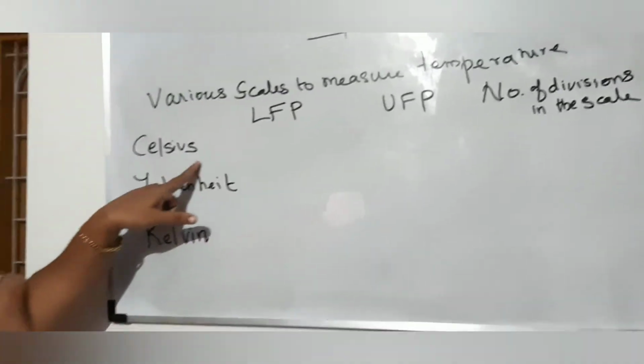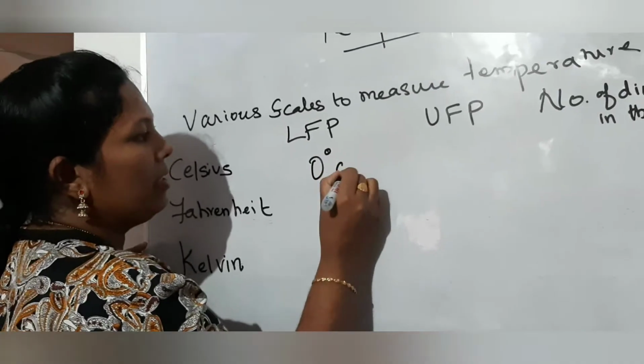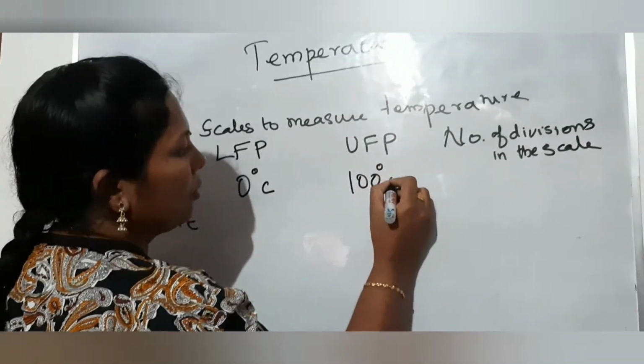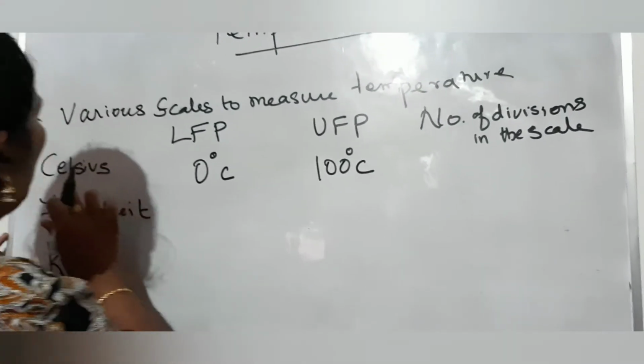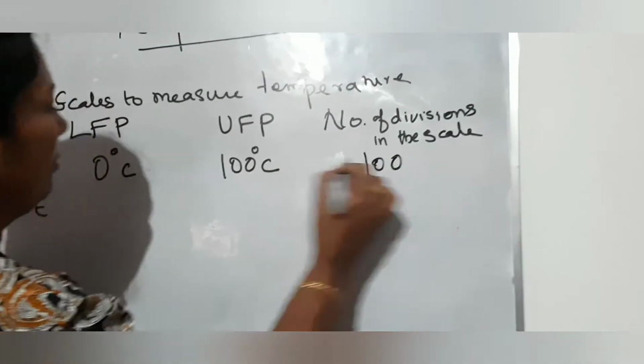What is the LFP for Celsius scale? That is 0 degrees C. UFP is 100 degrees C. That is the boiling point of water. The number of divisions in the Celsius scale is 100.